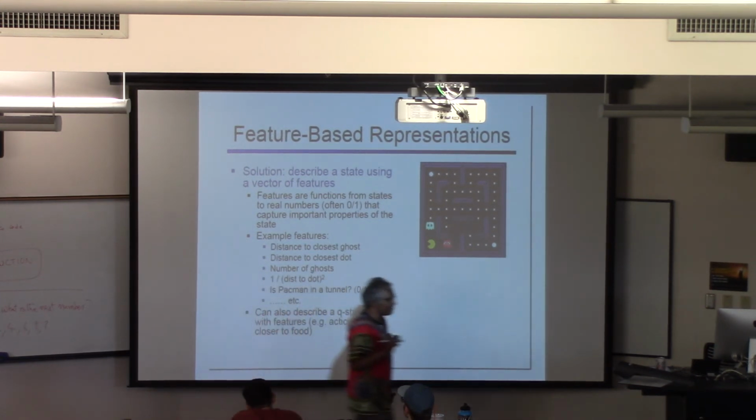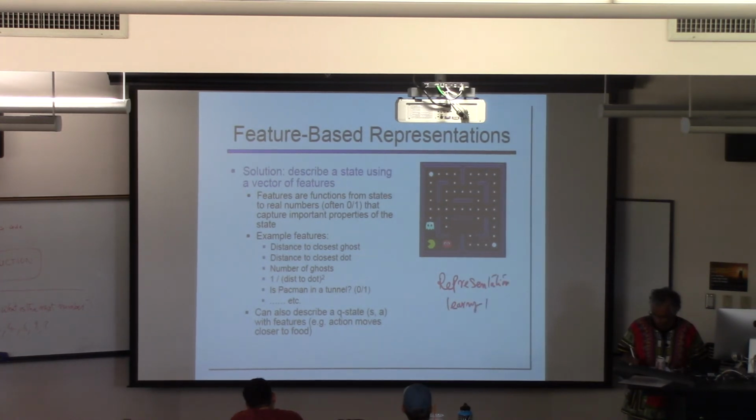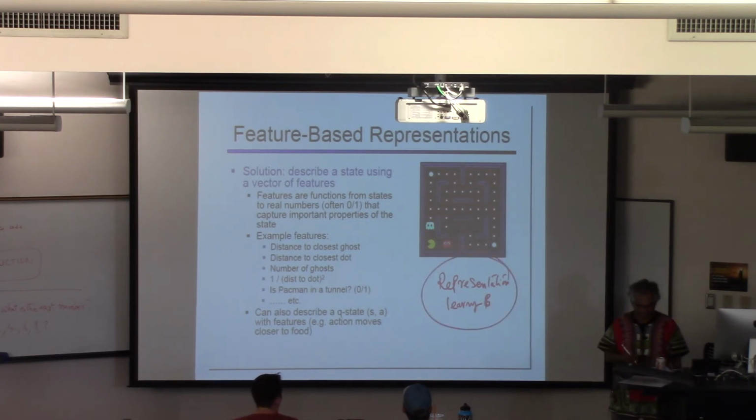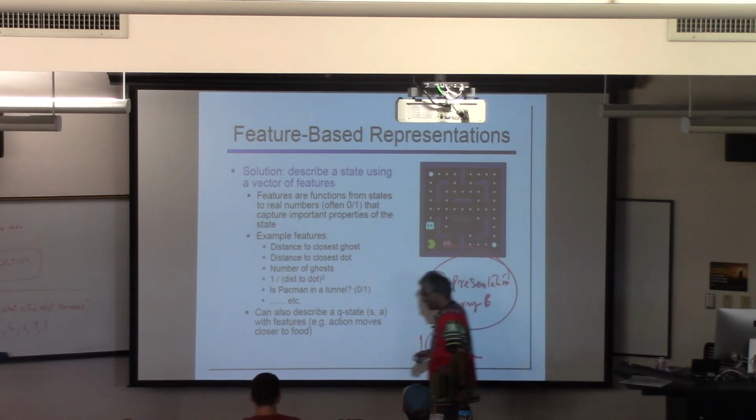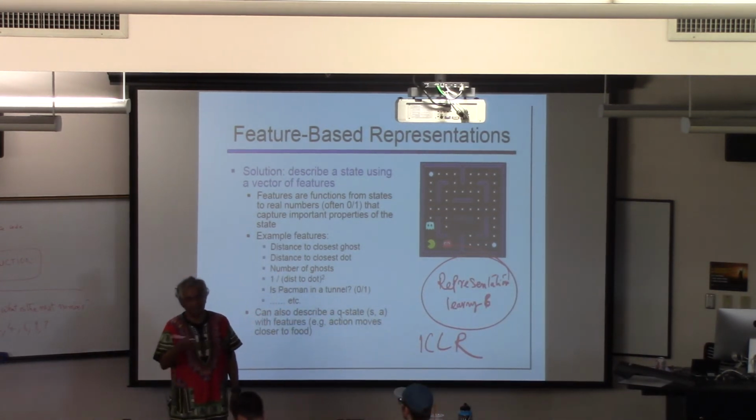This is the reason why the deep learning people call themselves the representation learning people. The main conference on deep learning of late, other than NeurIPS, is ICLR, the International Conference on Learning Representations.